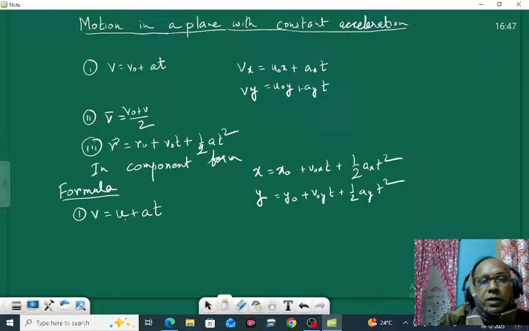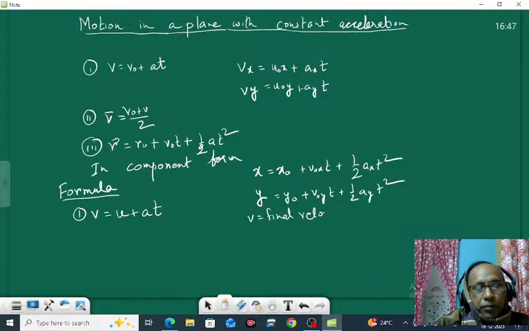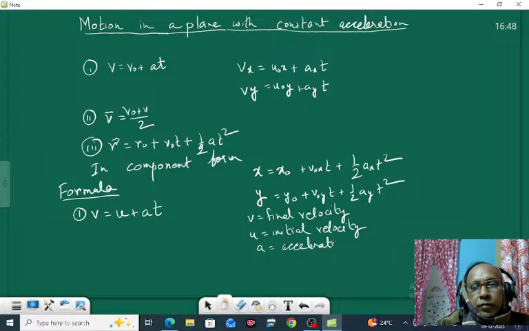Here v is the final velocity, u is the initial velocity, a is the acceleration, and t is the time.